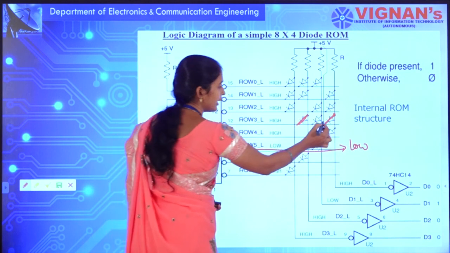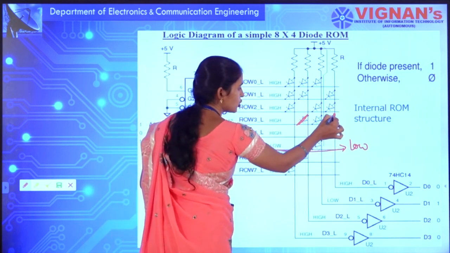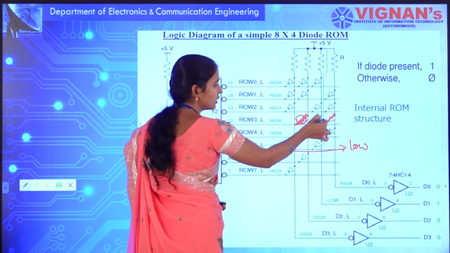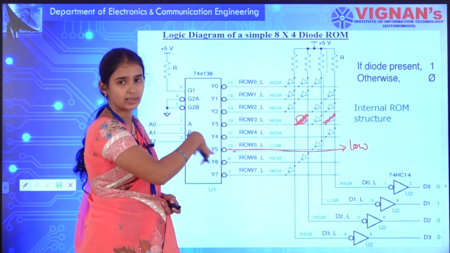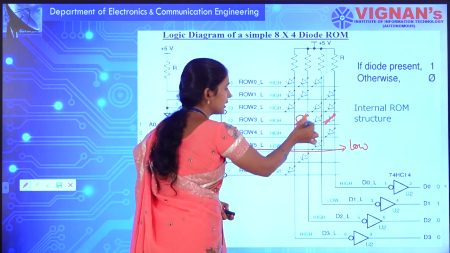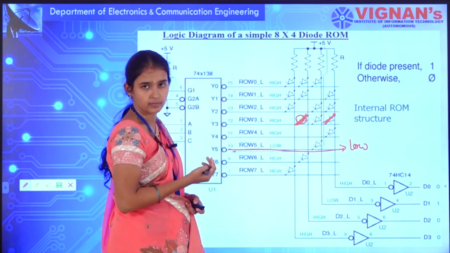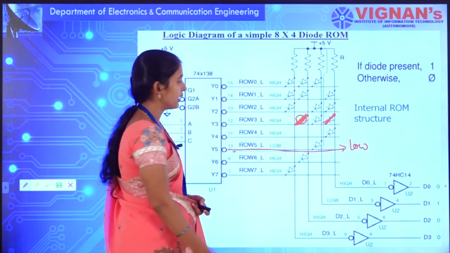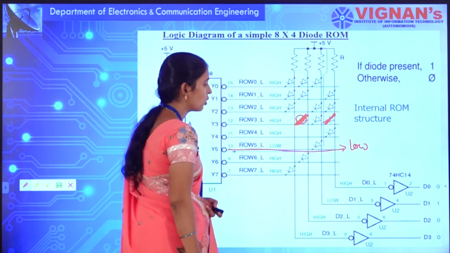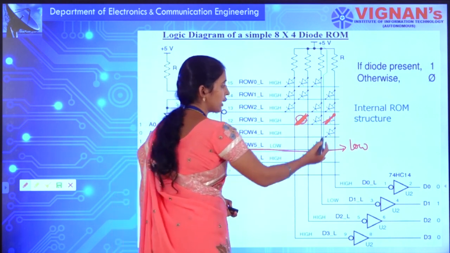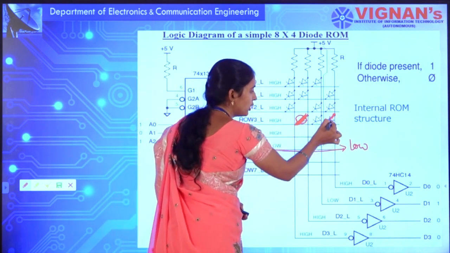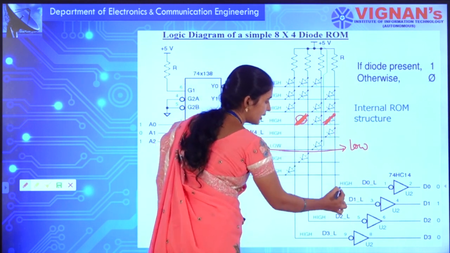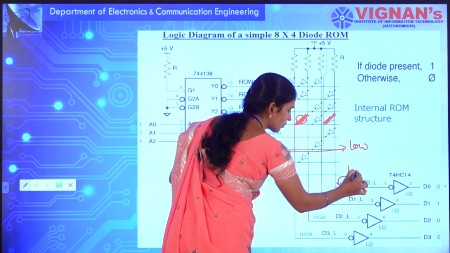But in fact, suppose I replace this diode with a short path. That means I am just connecting it with a single wire in place of the diodes. If you connect it like this, what happens? This bit line is also pulled low because of this short circuit connection, and this is also pulled low.